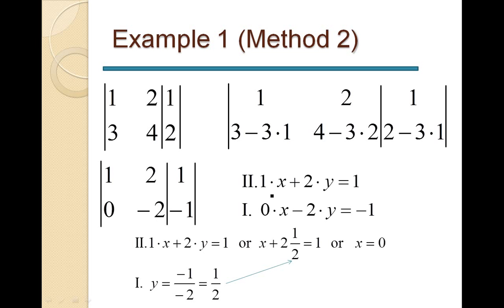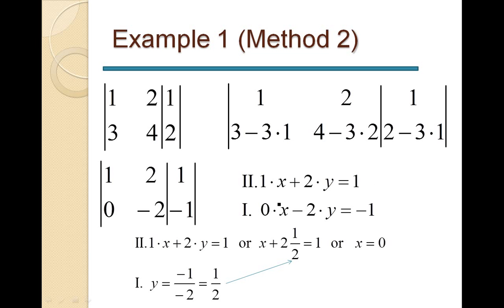What did happen? If I just bring back the old representation, I got 1 times x plus 2y equals 1. This was the first representation, and the second is just 0 times x minus 2y equals minus 1.